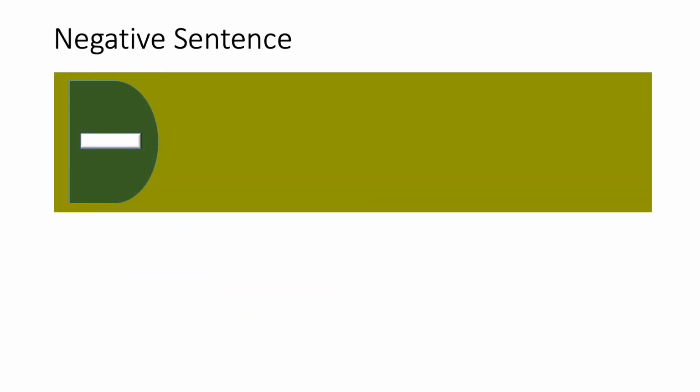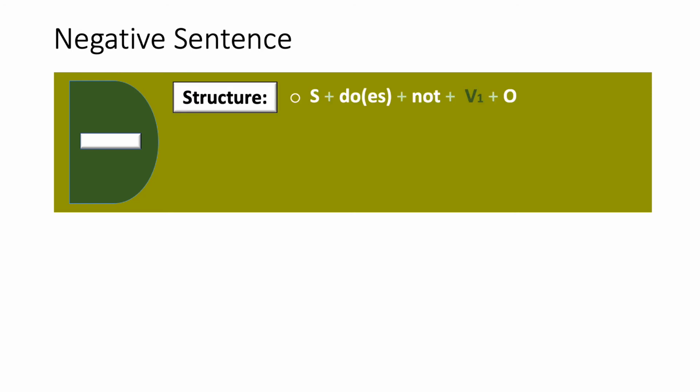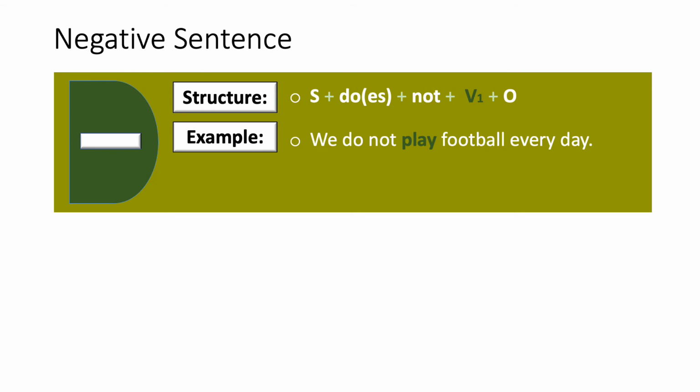Now, how do we form negative sentences? We take a subject and we add the verb do or does. Then we add the word not, followed by the verb in the base form or the V1 form, and then lastly we add the object. Here are the examples. We do not play football every day. Hakim does not play football every day.